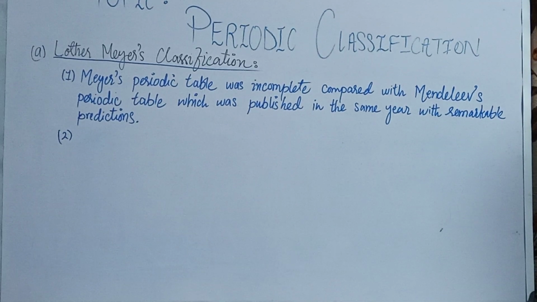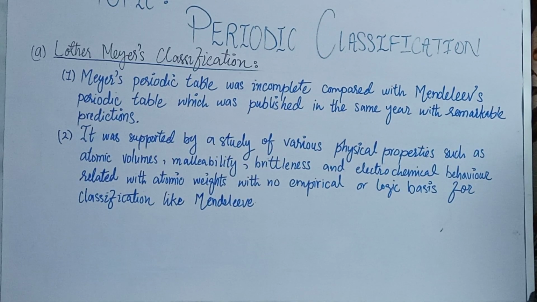The second may be that Meyer's classification was supported by a study of various physical properties such as atomic volumes, malleability, brittleness, and electrochemical behavior related with atomic weights, with no empirical or logical basis of classification, as we find in Mendeleev's periodic classification, which is entirely based on periodic law. So this is all about Lothar Meyer's classification.